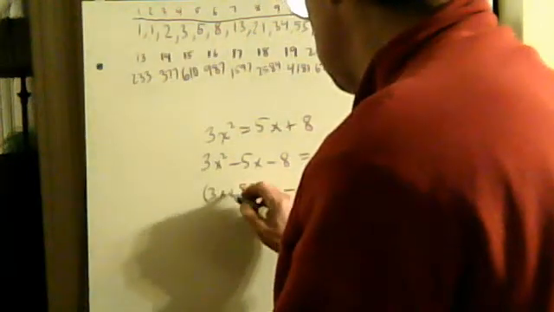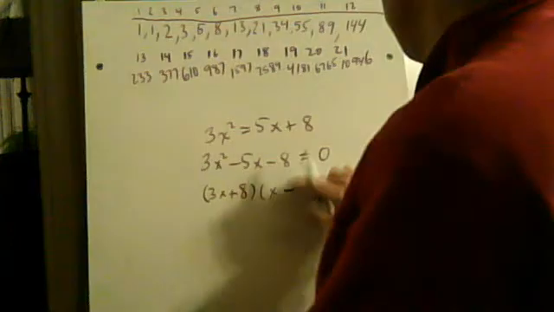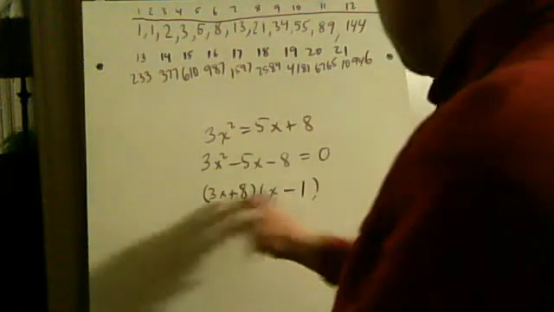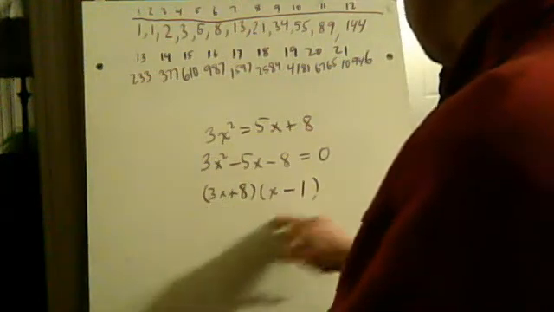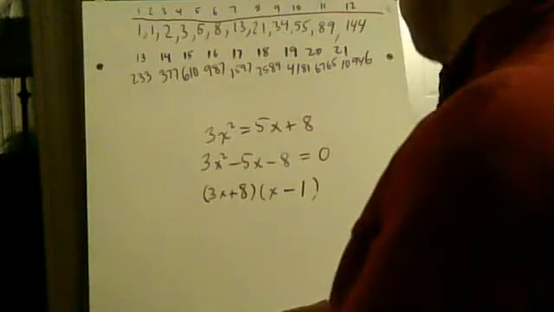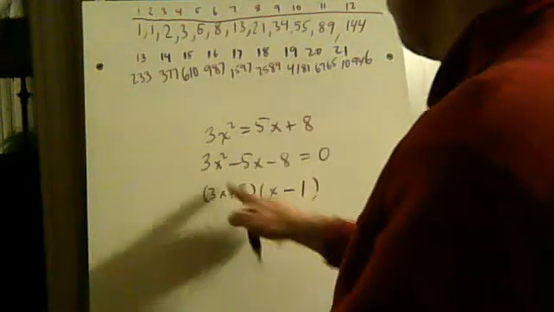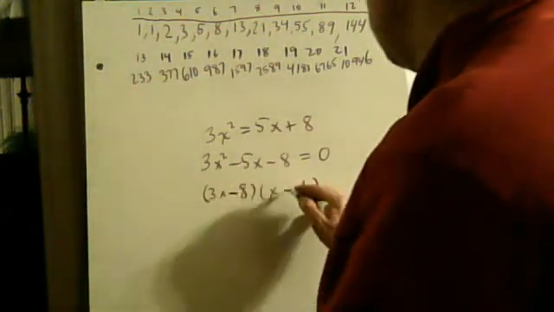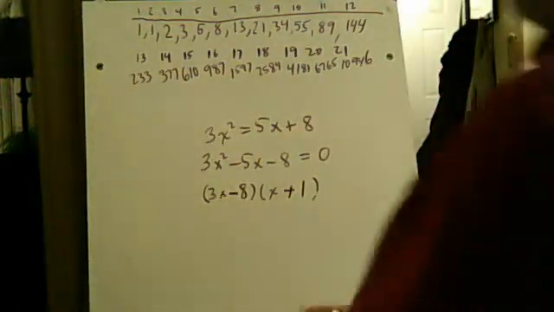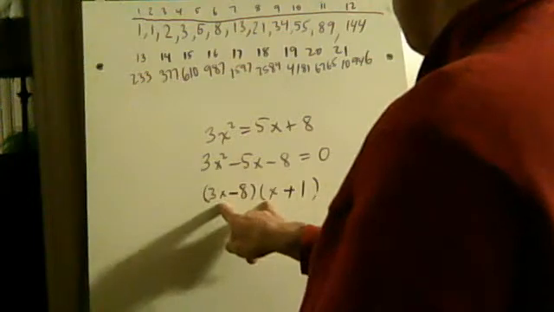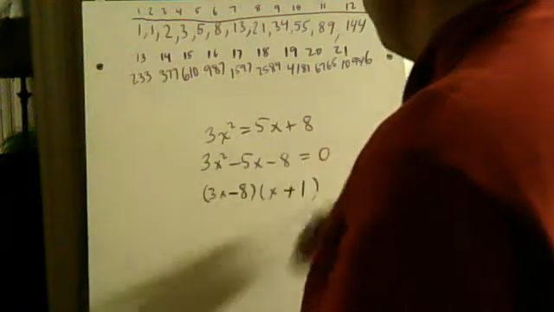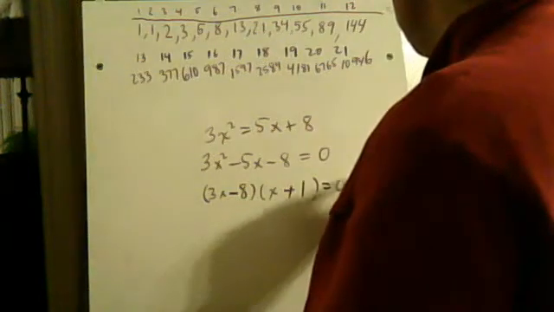Let's try it like this. That other cross term didn't work out. So I try it the other way. 3x squared, you get 8, you get negative 3, and a positive 8. That's positive 5. We want to get a negative 5. So we put the negative sign over here and make this positive. Okay, this looks like it's going to do it. We get 3x squared, we get negative 8, we get 3x and negative 8x, that makes negative 5. So this is a good factor.